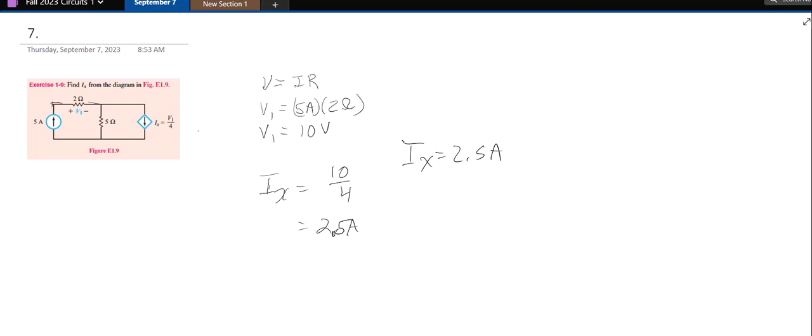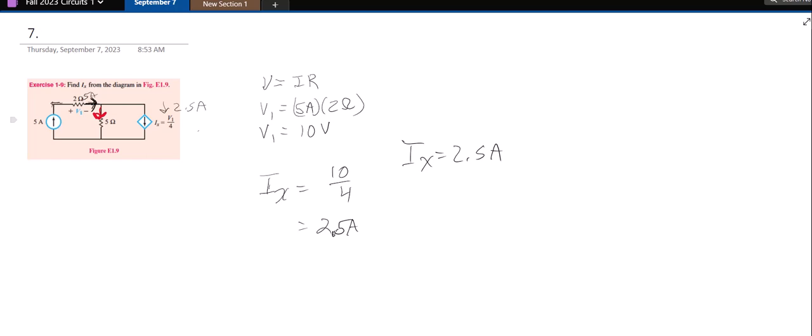I'm going to go on a little bit more with this problem. This is not things that you've done yet, but you will see it, so maybe it is just a little bit of a preview. If the current going through here is 2.5 amps, and the current coming up to this node was 5 amps, what do you think the current needs to be going down this branch?